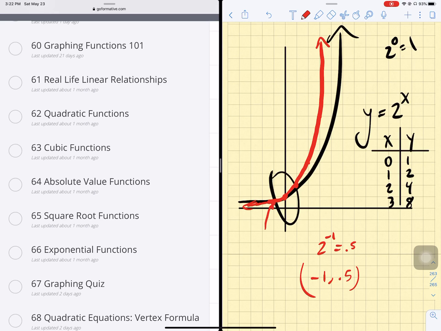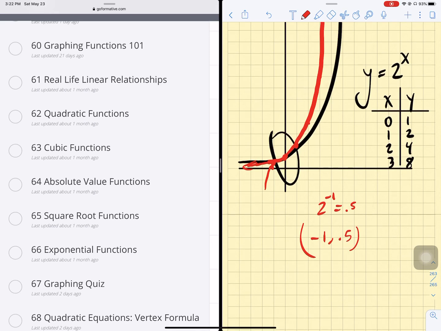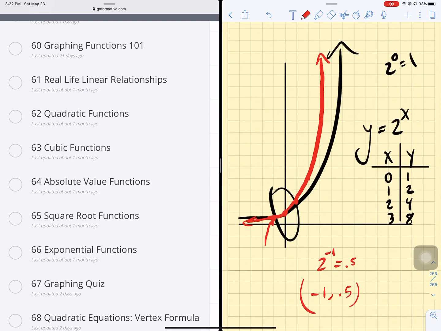So you can put some negative values in if you want. Up to you. I would probably try it if you wanted to try it. Some people think that exponential graphs will start at this location, but they actually have a tail that goes really small, because every higher negative number is just so small. But remember, things that are taken to a negative exponent doesn't mean that they're negative. They're still positive. It's always going to be above the x-axis. It's just going to be slightly above, like really small.